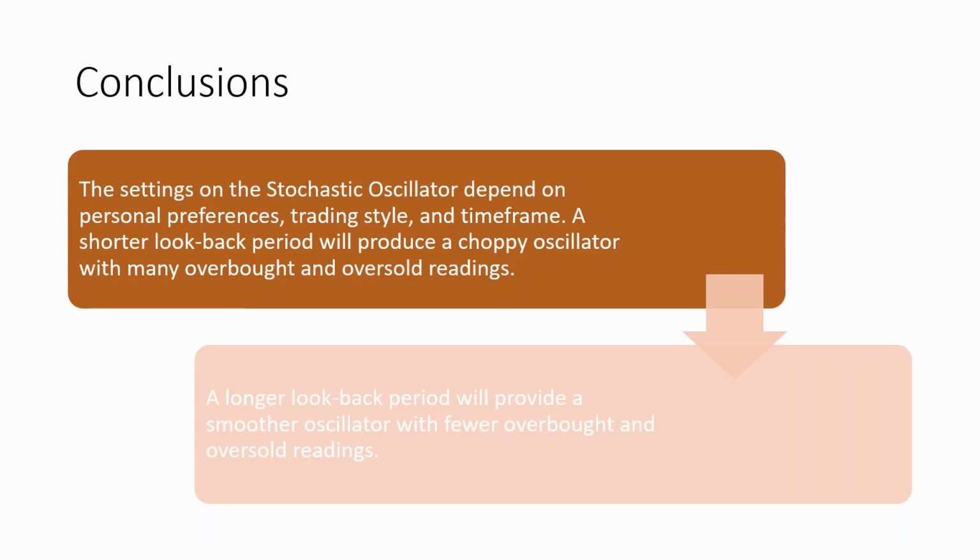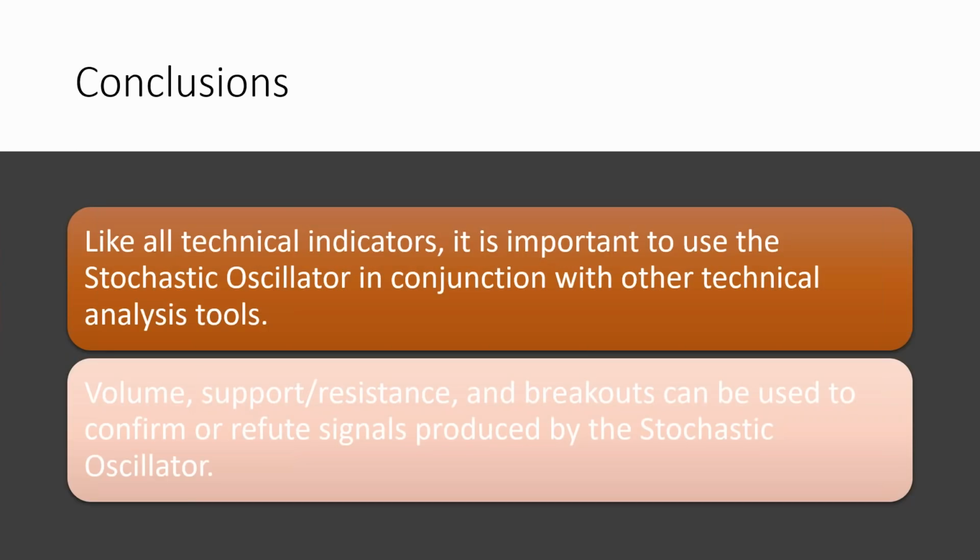A longer look-back period will provide a smoother oscillator with fewer overbought and oversold readings. So like any or all technical indicators, it's important to use the stochastic in conjunction with other technical analysis tools. Volume, support and resistance, and breakouts can be used to confirm or refute signals produced by the stochastics oscillator.